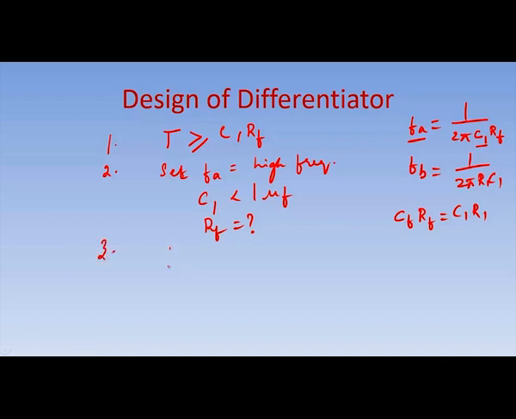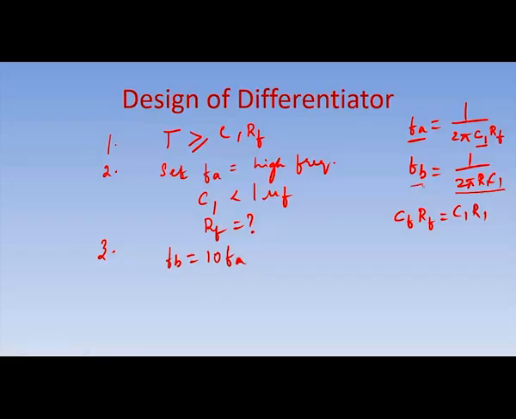Third is FB is equal to 10 times FA. You know the formula of FB. So you know what is C1, and now you have set the value of FB as 10 FA. So FB is also known. Calculate the remaining value of R1. R1 is now calculated from this value.